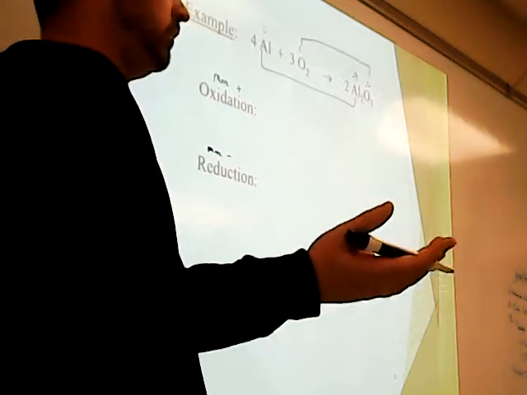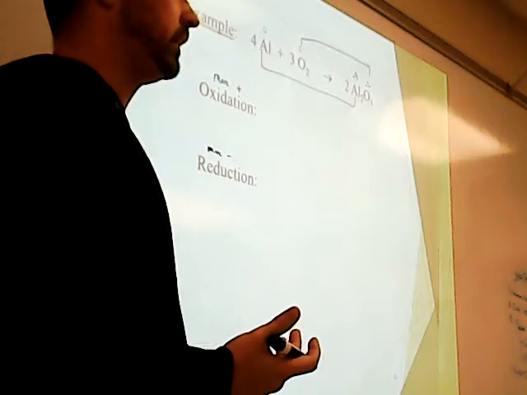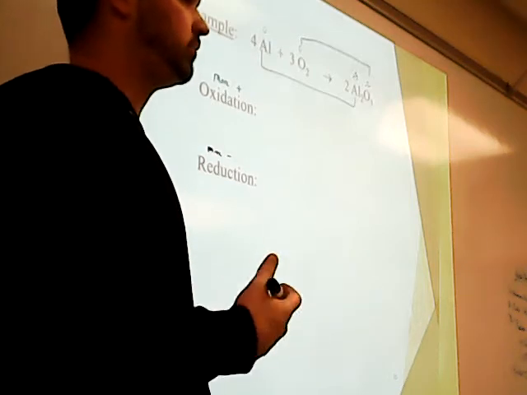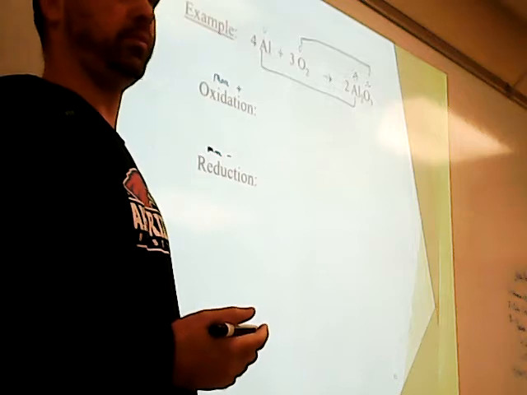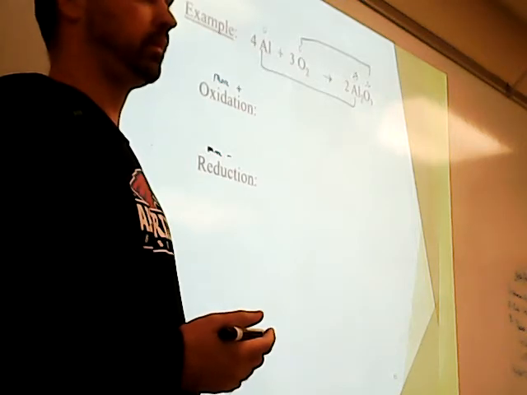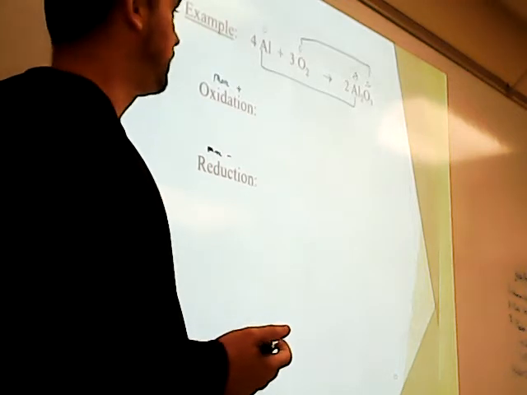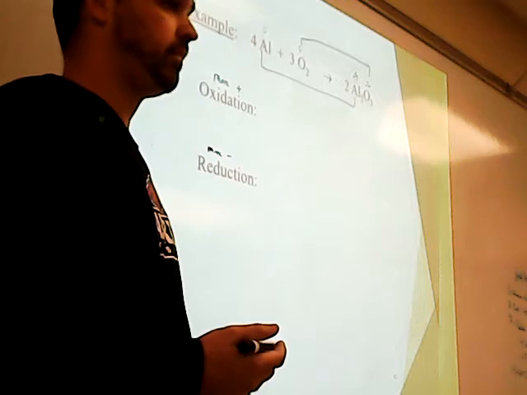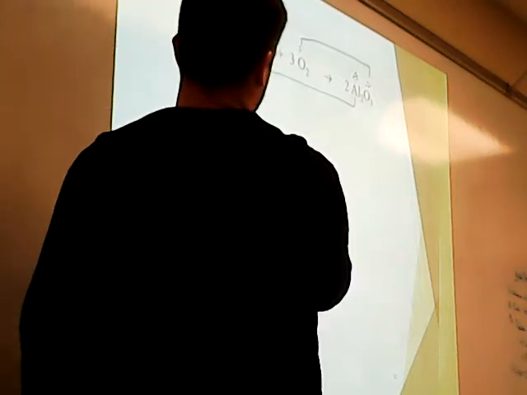So if I start just with aluminum, because that's the one that appears first, aluminum goes from 0 to +3. Is that being oxidized or reduced? Aluminum's been oxidized. Aluminum is being oxidized.